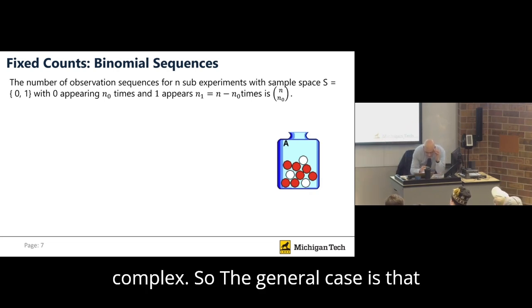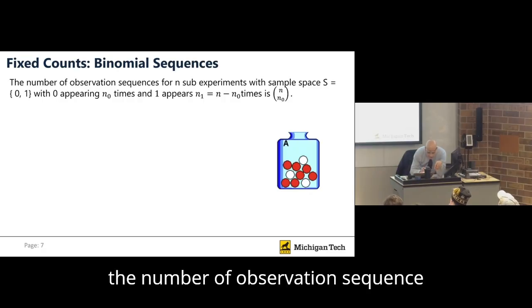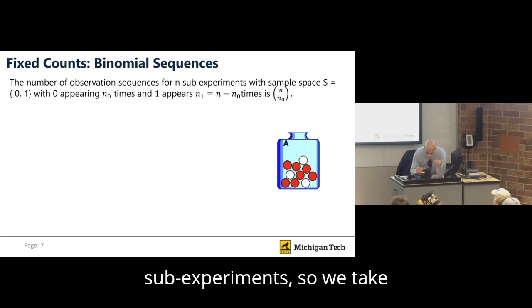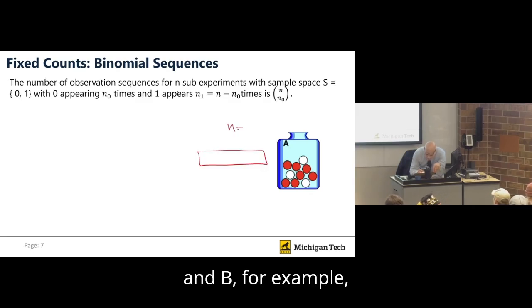So the general case is the number of observation sequences for n sub-experiments, so we take n out. Let n be, for example, 5.